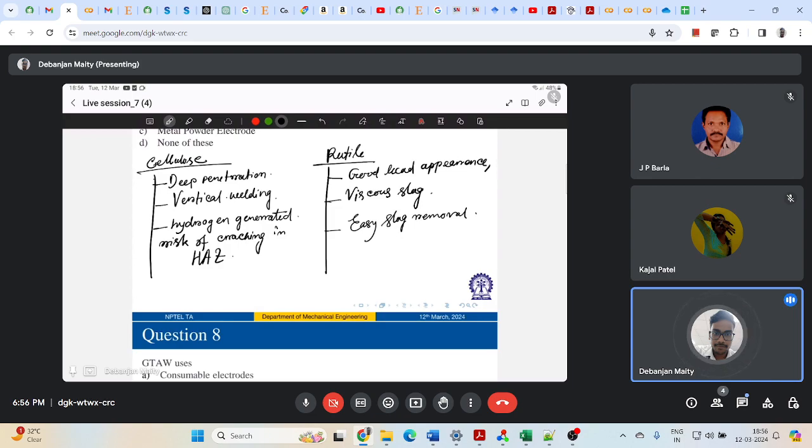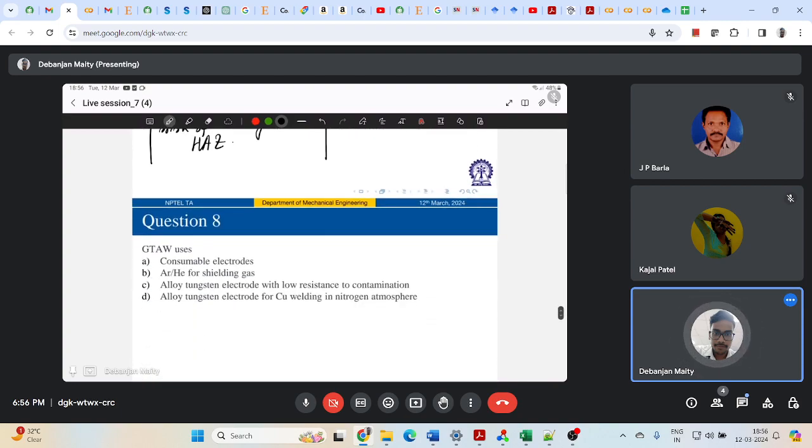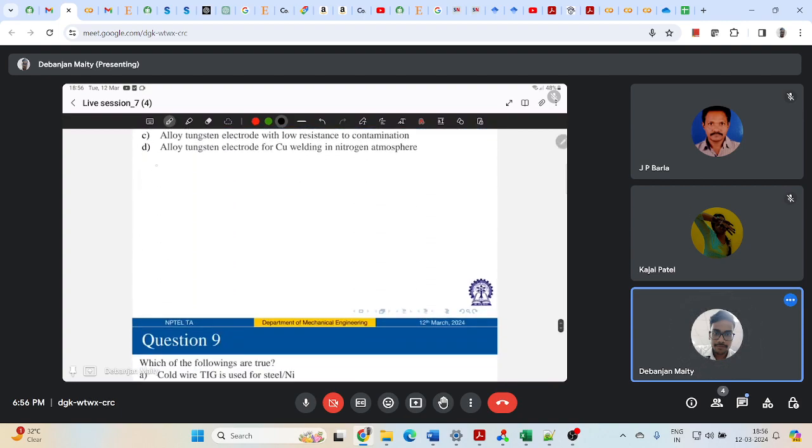This is to prevent the electrode from moisture absorption. They should be carefully stored and dried. So I have the basic electrode also. Let us write down over here. So, basic electrode.